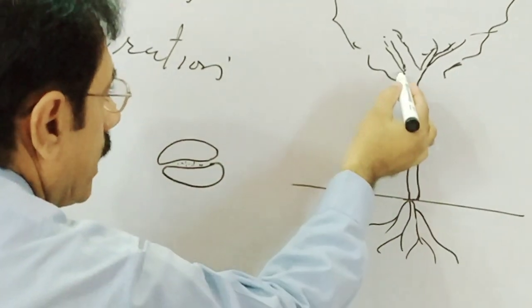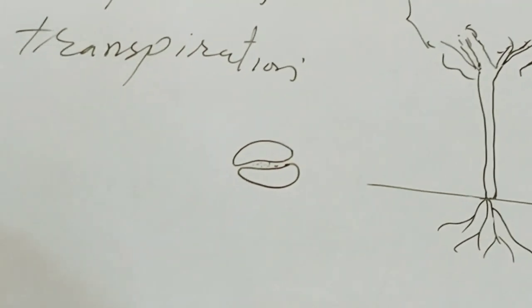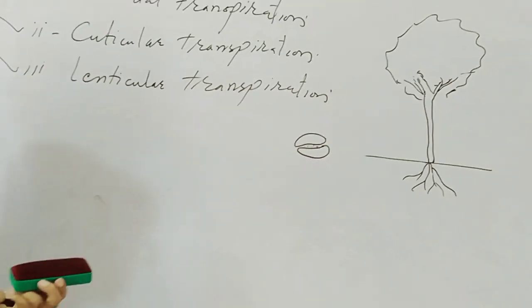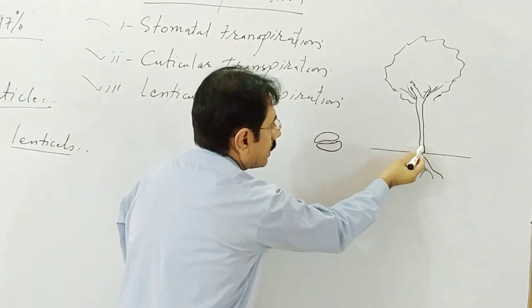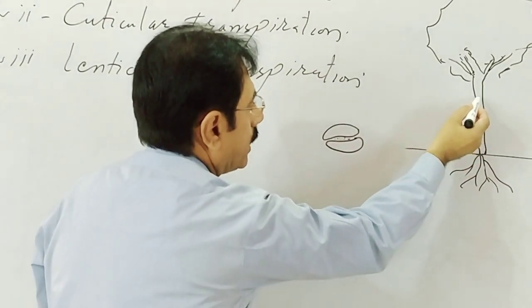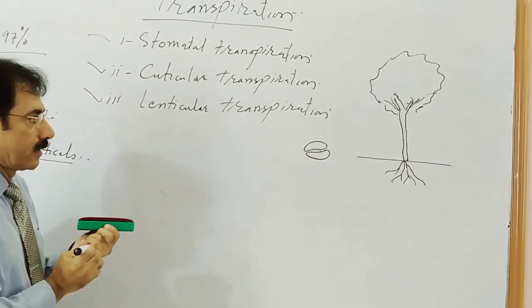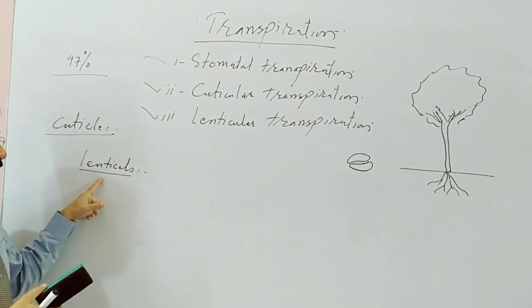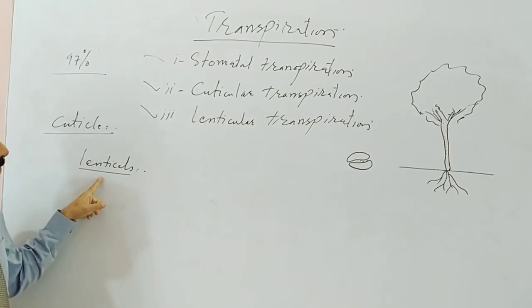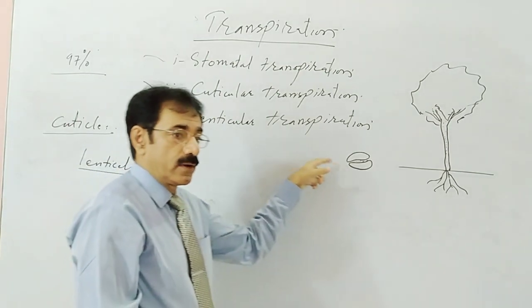With the passage of time, they develop some pores, and some water molecules pass out through these lenticel pores. The transpiration through the lenticels is called lenticular transpiration.